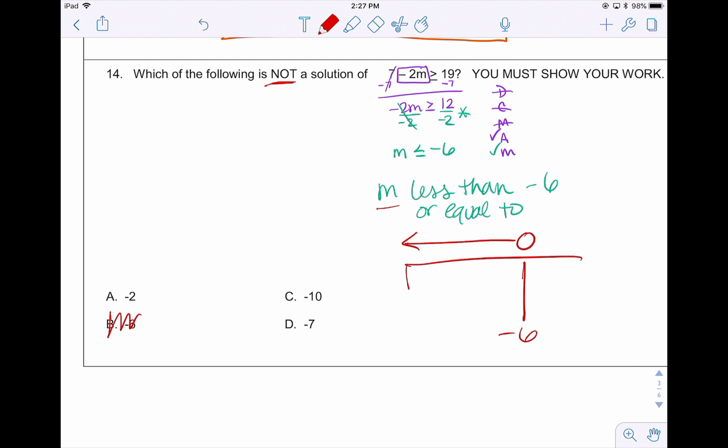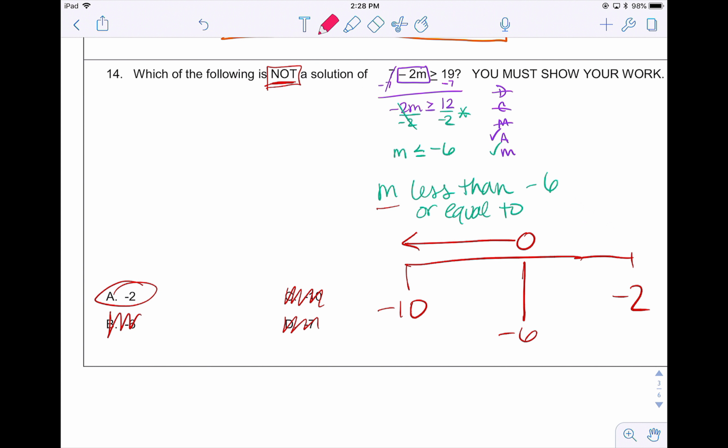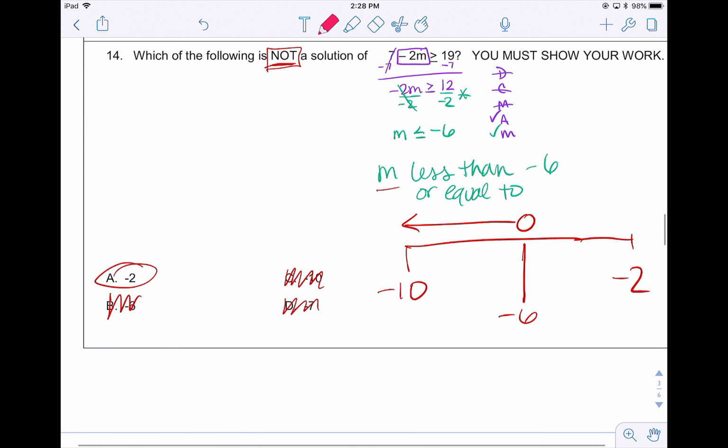Less than means it's going to be more negative. So C and D are less than, and remember we're looking for which of these is not less than. So negative 2 is not less than negative 6. On a number line, negative 2 is actually greater than negative 6. If that confuses you, think in terms of money. I would rather owe someone $2 than owe someone $6. I'd rather owe them 2, because negative 2 is greater than negative 6.